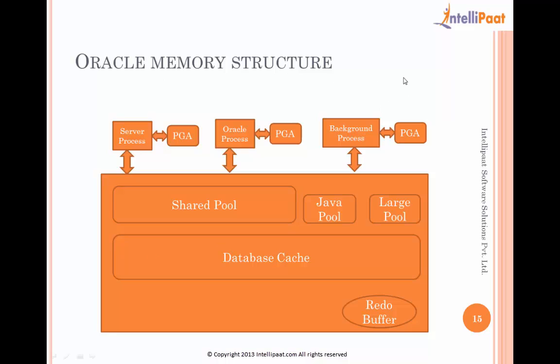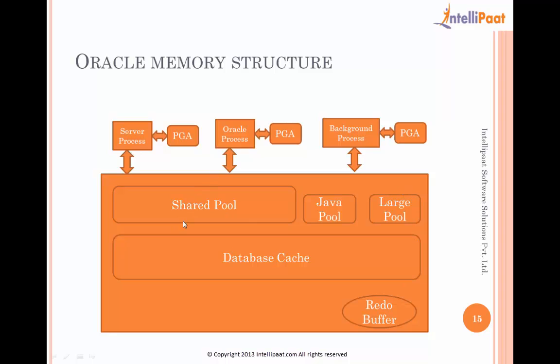This is a typical Oracle memory structure. Here you see the shared pool, Java pool, the large pool, the database cache, and the redo buffers. Each server process, Oracle process, or background process will use a little bit of private memory in the PGA, and then they access the system global area, which constitutes all these memories.